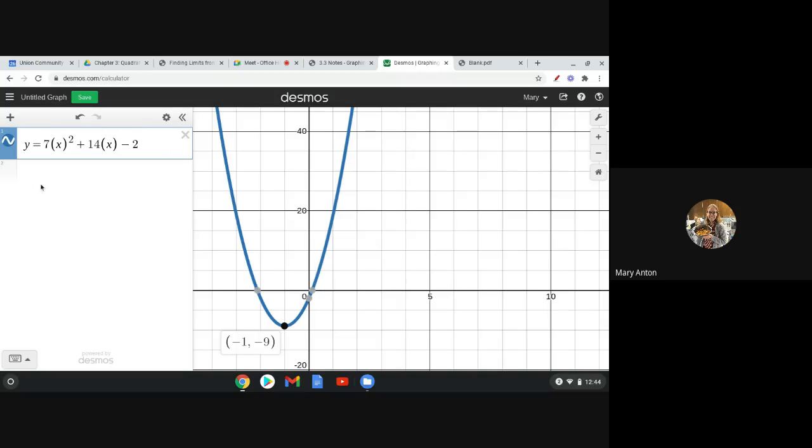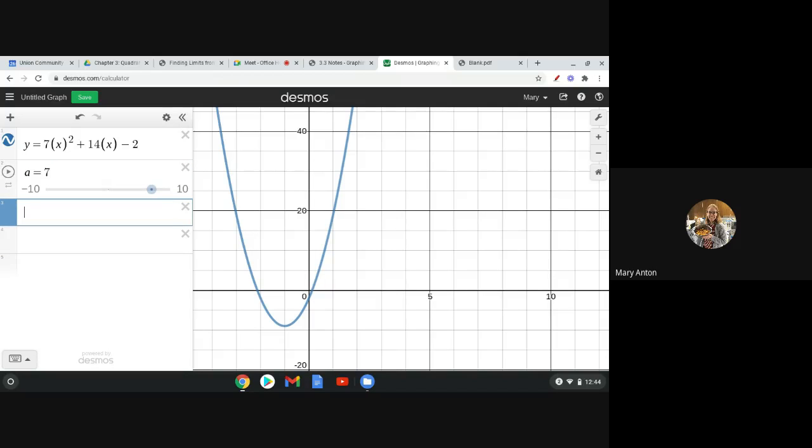So in this function, 7x squared plus 14x minus 2, what's your a value? 7, yeah, it's a 7. So I'm just going to write this in Desmos just so you can see it, and so the online people can see it. Why did I write 0? You told me it was 7. What's b? 14.